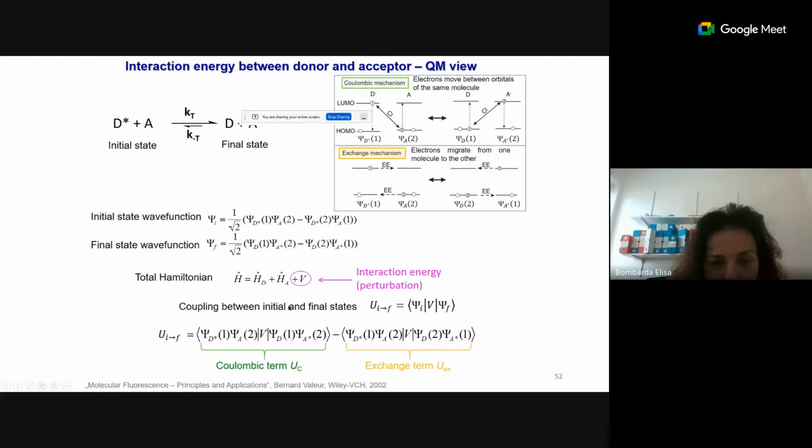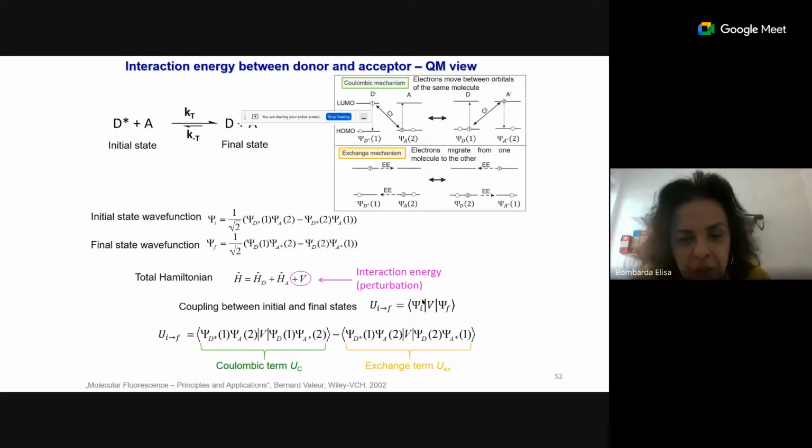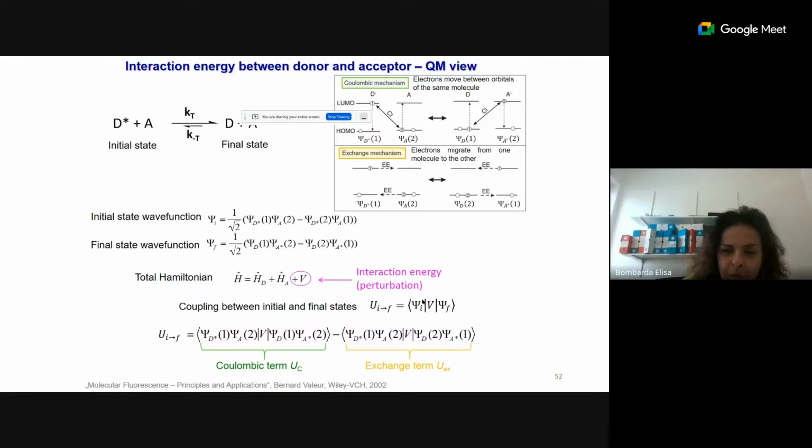So the coupling between initial and final state is represented by this matrix element. Let's not enter into the details of quantum mechanics, but it's interesting to see where the common equations that we use every day come from.